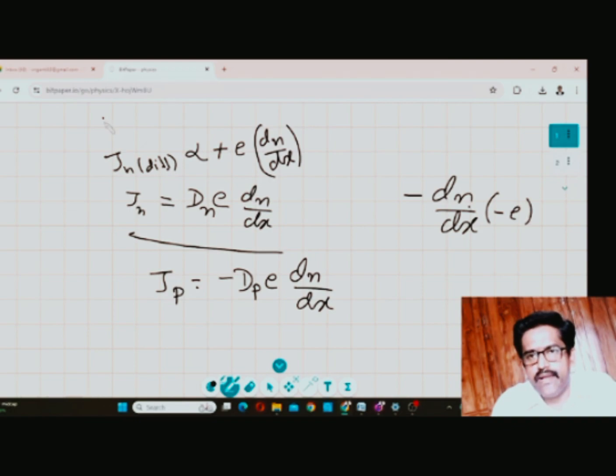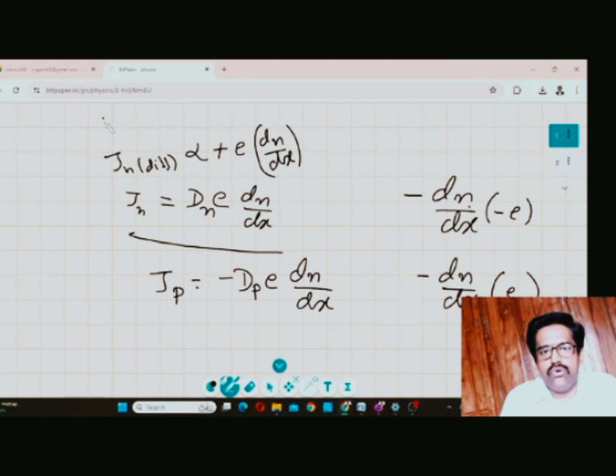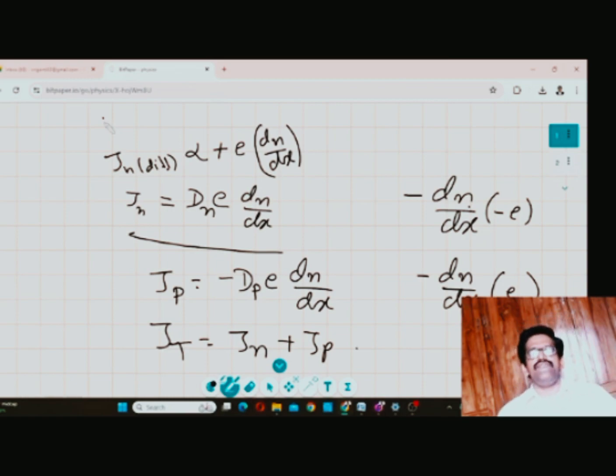Minus and minus become positive, so we get positive here. Whereas for a p-type semiconductor, minus dp by dx into e, so we get negative. So the total current density is J total equals Jn plus Jp. This is the diffusion current.